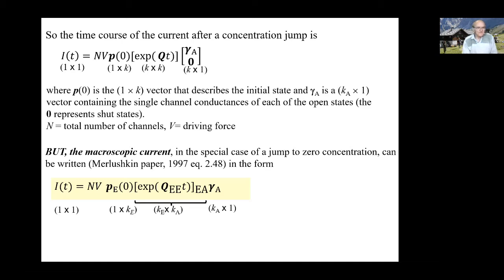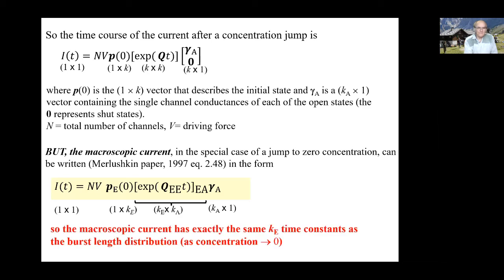These are the sizes of these various things. This current is scalar. This is the initial vector, 1 by KE. That's KE by KA, because we're only using the EA subsection of it, and the conductances are equal in number to the number of open states.